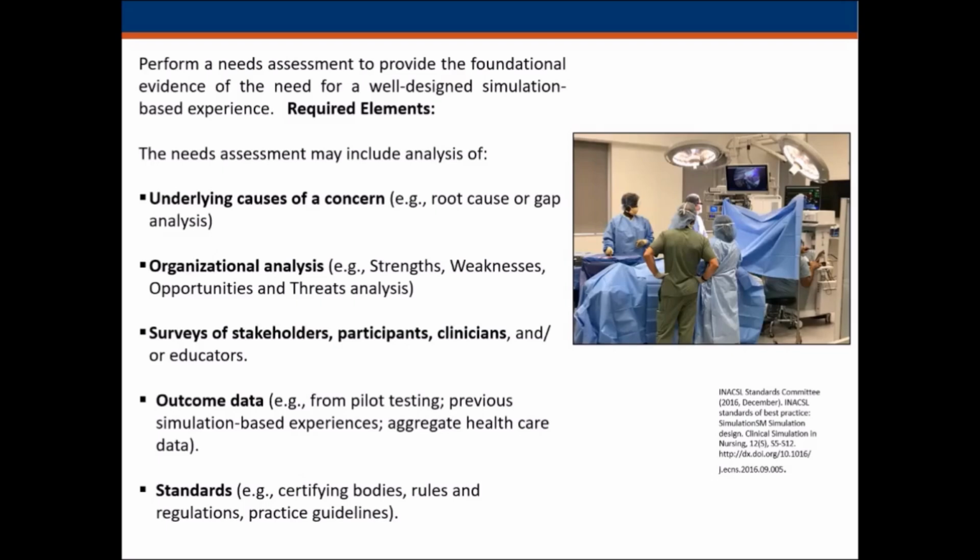For example, certain certifying bodies require certain types of competencies. One example would be the Fundamentals of Laparoscopic Training course that is required for all surgical residents to graduate from their residency.